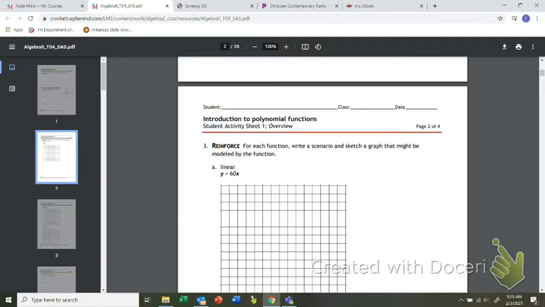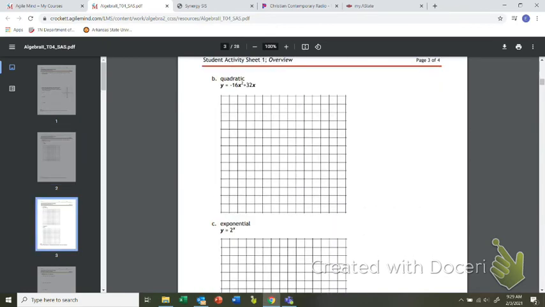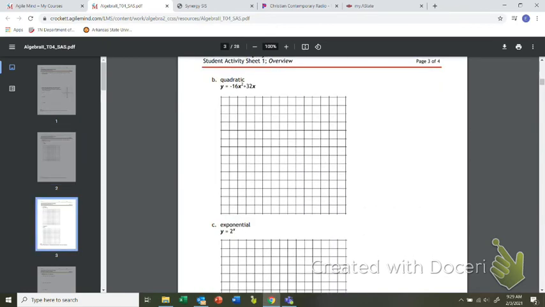Pay attention to your slope if it's positive or negative. Here we have quadratic. Notice that there's a negative sign, so that quadratic is going to be pointing down. The ends will be pointing down. And exponential, you know what exponential looks like. Nike sign, so sketch that graph for me.